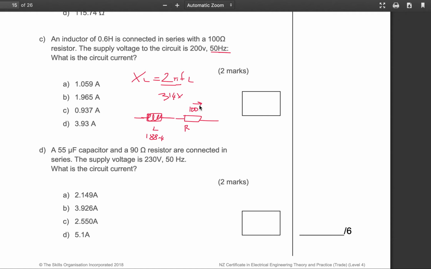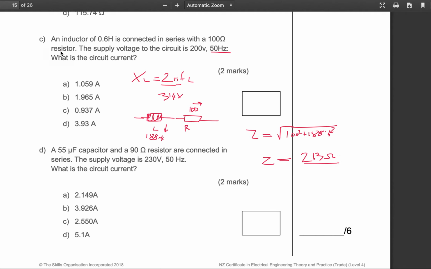That one there's in that direction, that one there's at right angles. So then we work out our impedance, which is the square root of 100 squared plus 188.4 squared. Do all that together, and that will give us an impedance of 213 ohms.